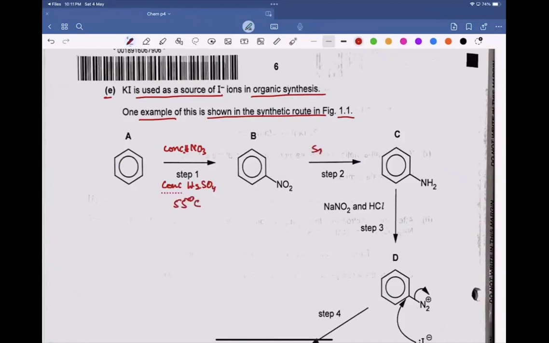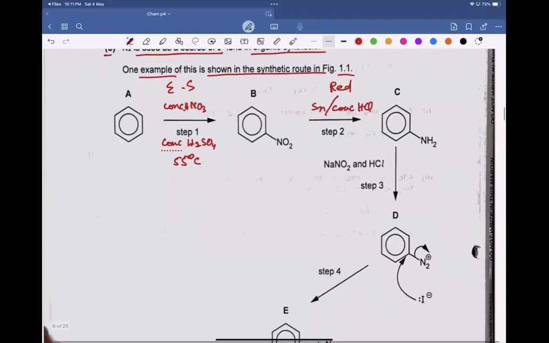In step 2, tin and concentrated hydrochloric acid. It's electrophilic substitution and a reduction. In step 3, it's diazonium ion formation, right? Where the temperature condition is equal to or lower than 10 degrees Celsius.